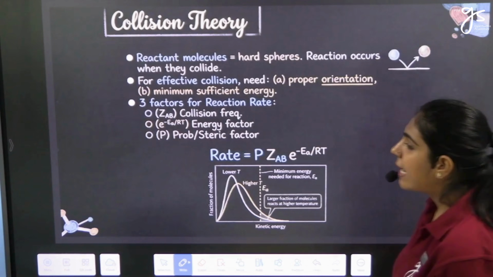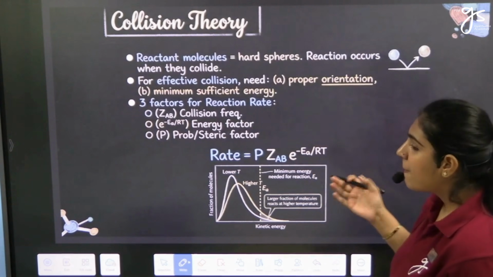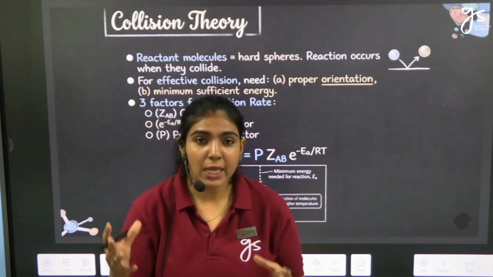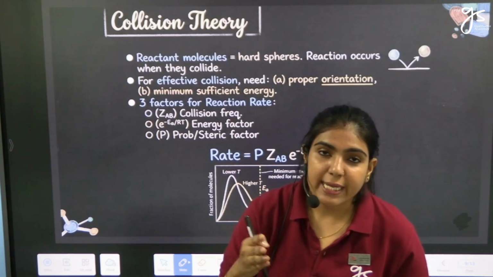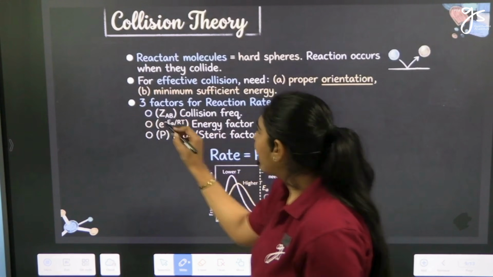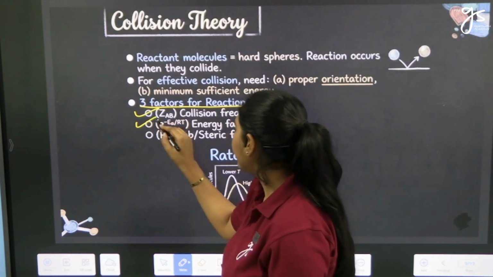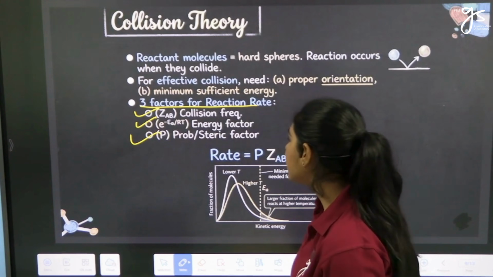Now moving ahead, that is collision theory. So what is collision theory? You all know. According to this theory, the reactants are considered as hard spheres when they react, and you also know the effective collision only results in the product formation. So what are the important factors which result in the effective collision? That is collision frequency, energy factor, that is e raised to the power minus Ea by RT, and probability or steric factor.